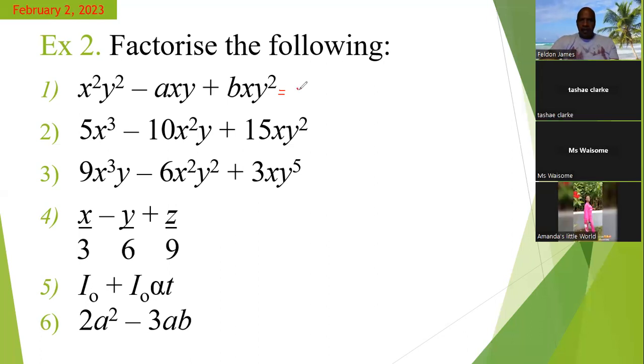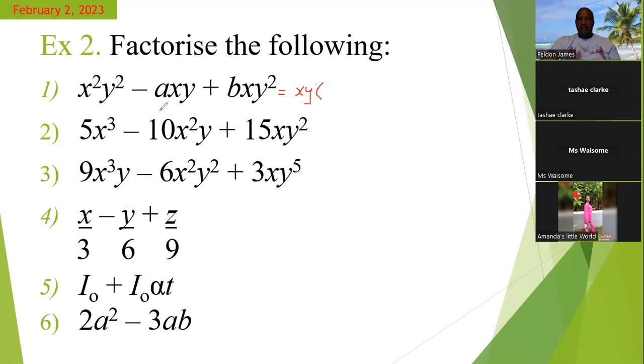So the HCF is XY, and open bracket. When you cancel out everything, you're going to get XY.